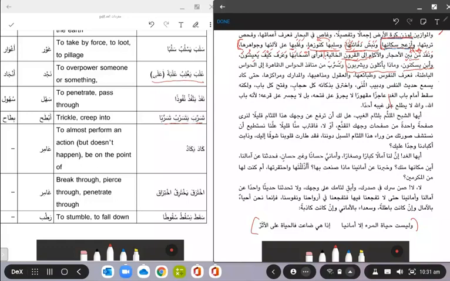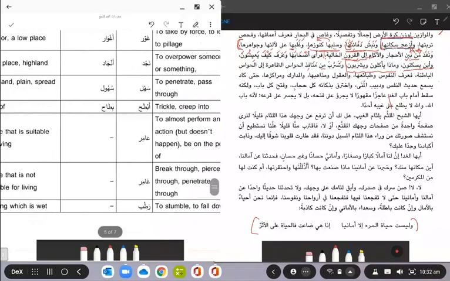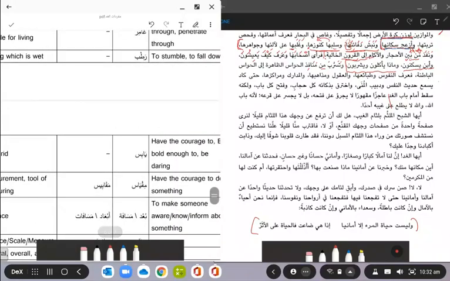وَتَسَرَّبَ, and he crept. Okay, he crept from where? From manafidh. Okay, manafidh. Does this sound like a singular word or a plural word? Manafidh. Mafa'il.